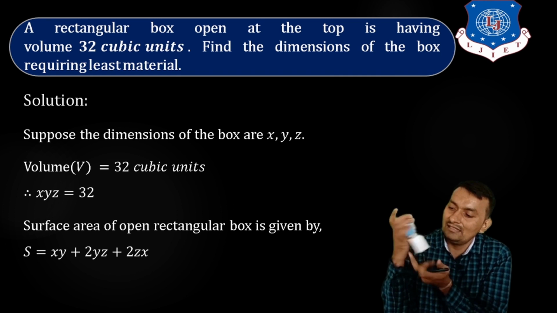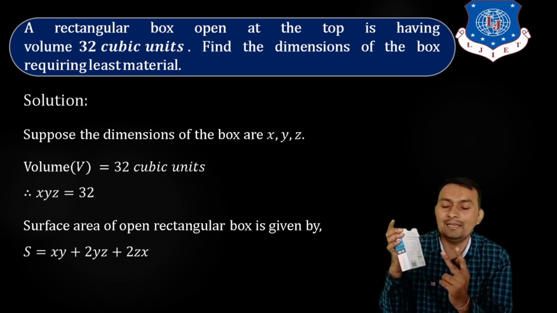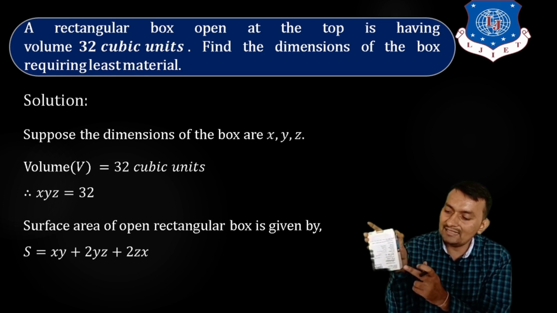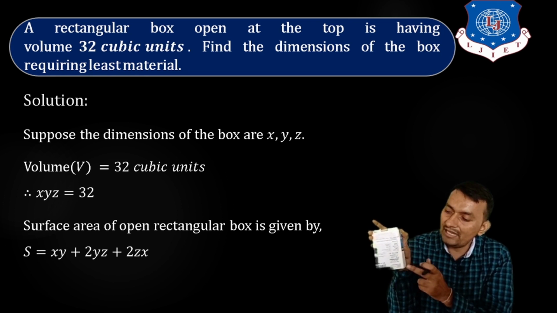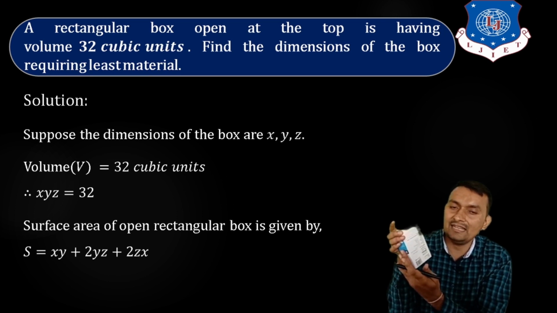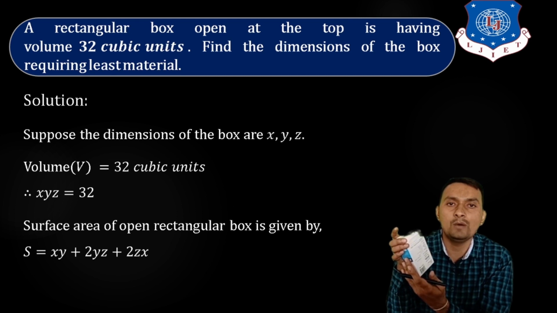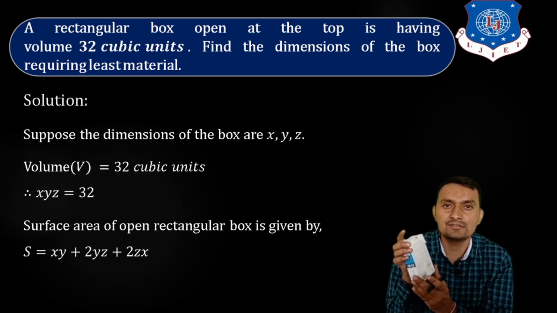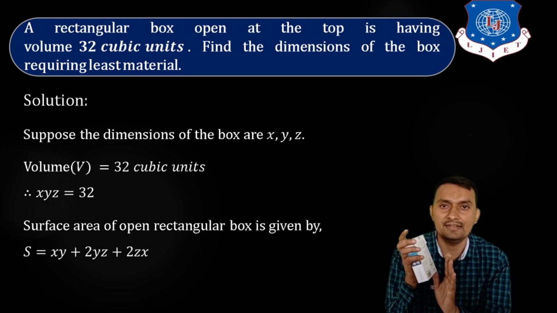This is the same as this side, so we have 2 times xz. But what about this side? This is y and this is z, so we can say yz. This is the yz surface and this is the same, so we have 2 times yz. So what we have derived is the surface area.